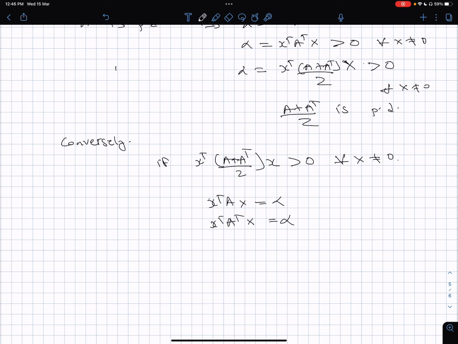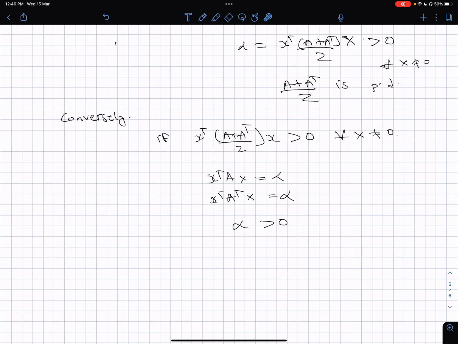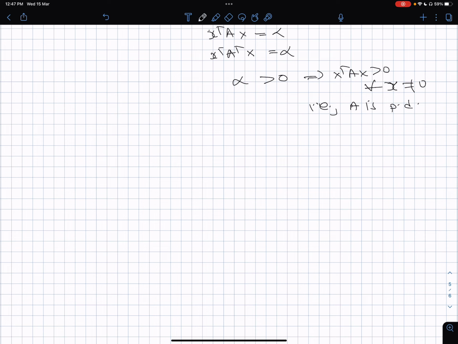Therefore, the above term is going to be (alpha plus alpha) by 2, that is only alpha, and it says that alpha is greater than 0, but alpha is already equated to x transpose Ax, which means that x transpose Ax is greater than 0 for all x not equal to 0, that is A is positive definite.